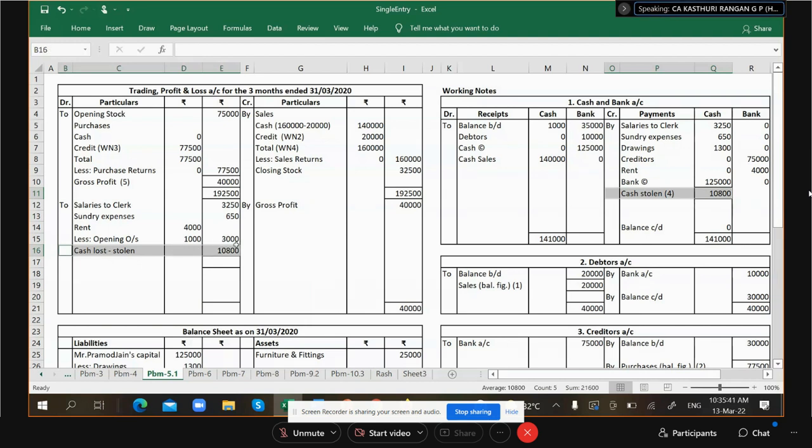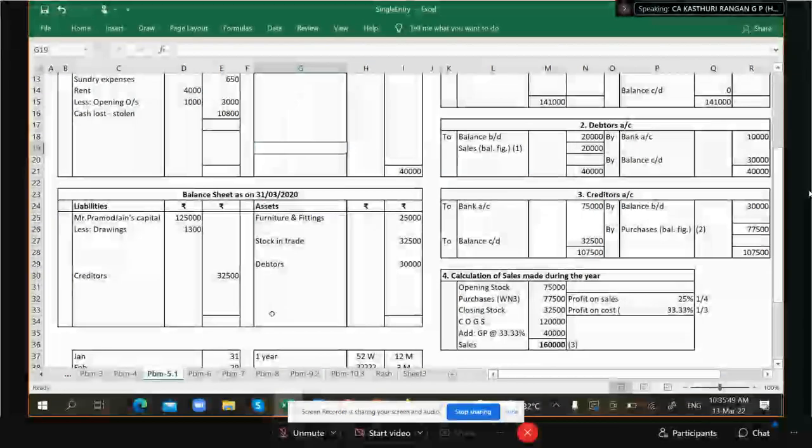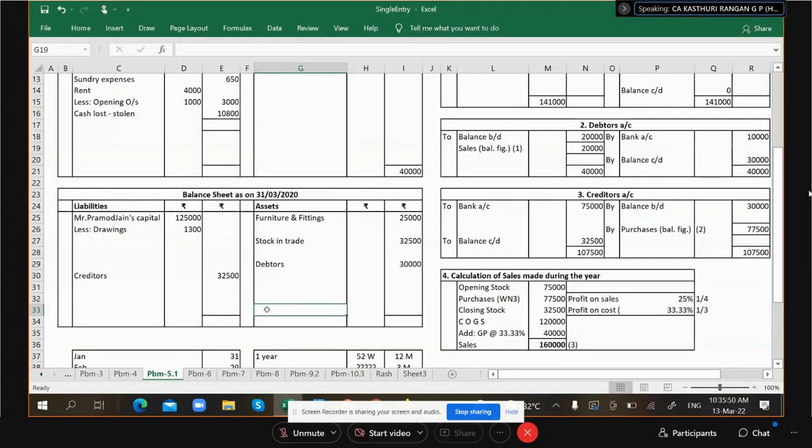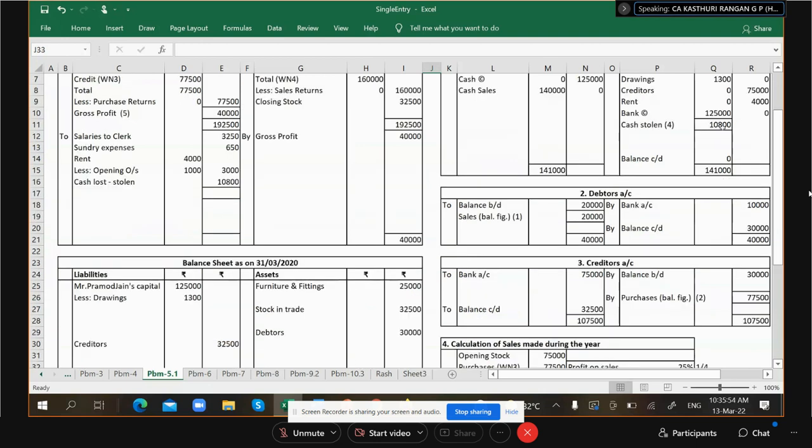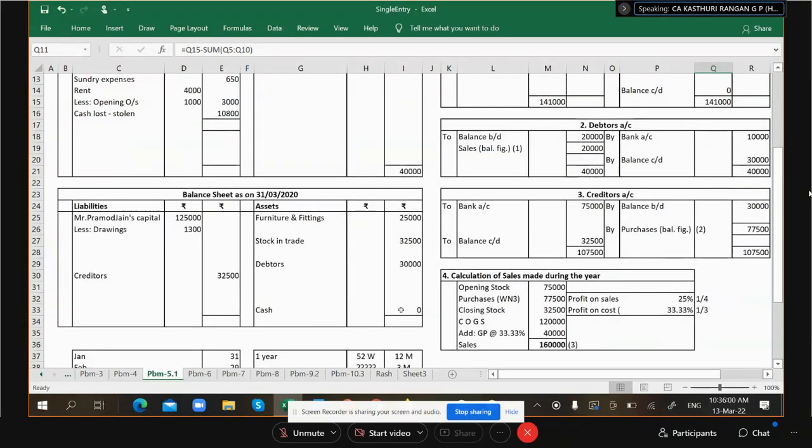Since it is a loss, it should be taken to P&L, cash lost 10,800. Therefore, in the balance sheet, what will be the cash balance? It will be 0, correct? See, cash balance is 0 because the entire amount has been stolen by the cashier. So in the balance sheet, you put it as 0.